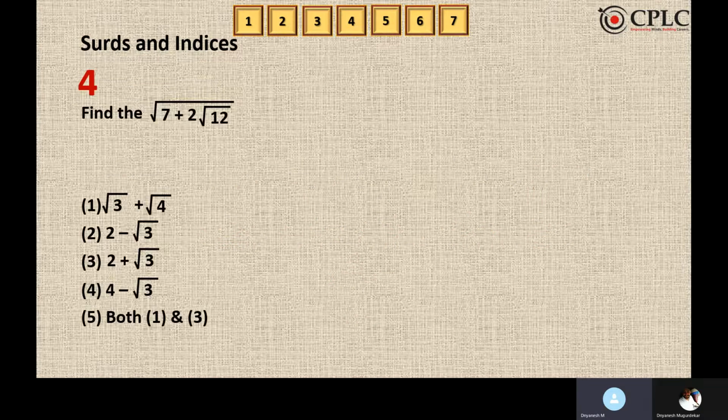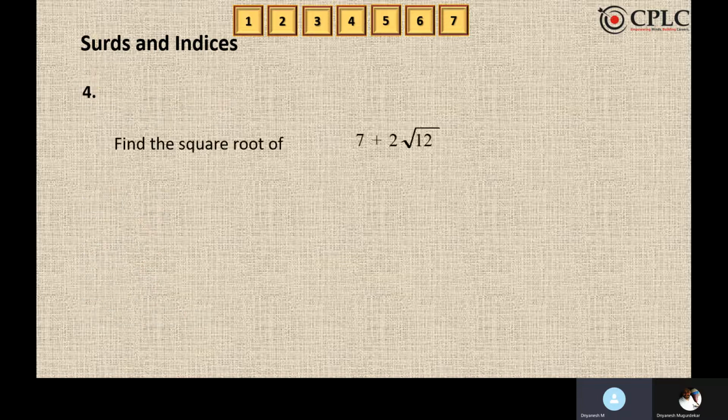Find the square root of 7 plus 2 root 12. So here we need to remember the formula of root a plus root b the whole square. So root a plus root b the whole square will be a plus b plus 2 root ab. And now that 2 root ab is what you are supposed to understand.